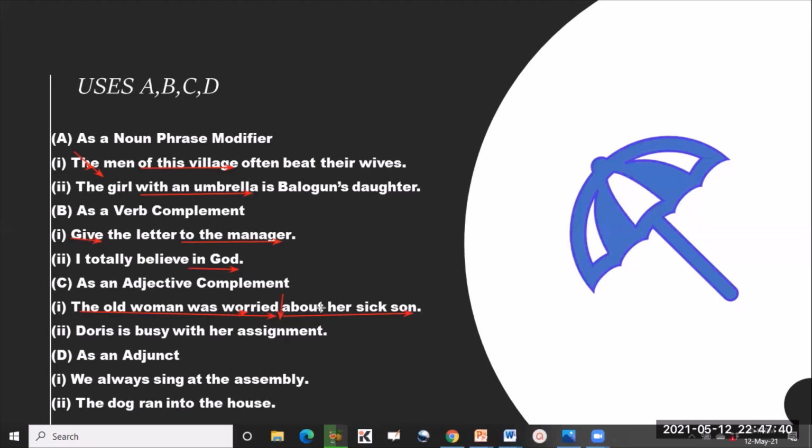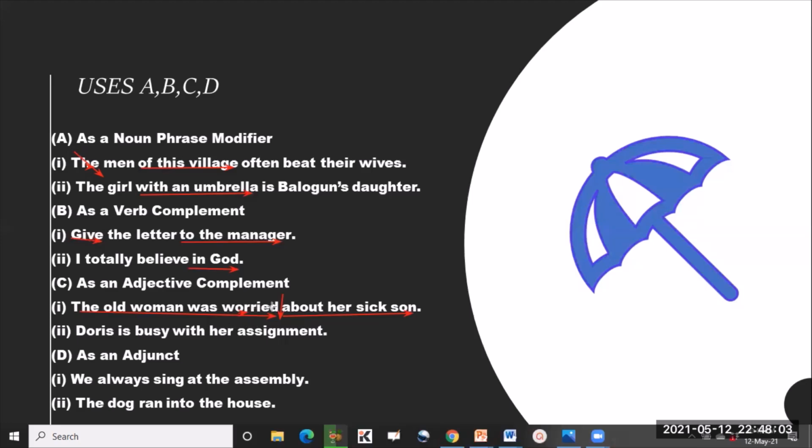Now, an adverb is a word that modifies a verb, an adjective, or another adverb. And so is an adverbial phrase. It modifies a verb, an adjective, or another adverb. So here it modifies an adjective.